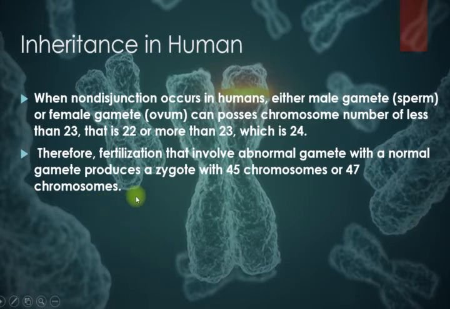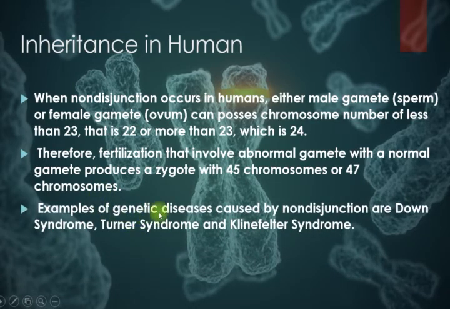So if fertilization occurs between an abnormal gamete that carries 22 or 24 chromosomes and a normal gamete that carries 23, they will produce a zygote. And this zygote will have either 45 chromosomes or 47 chromosomes.